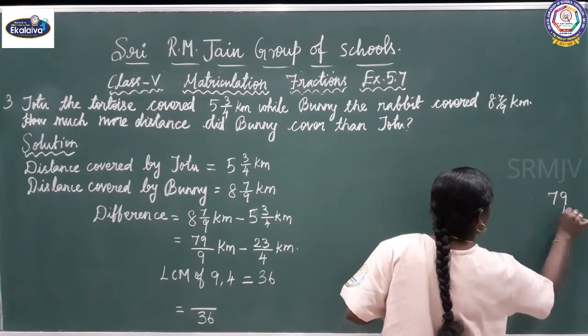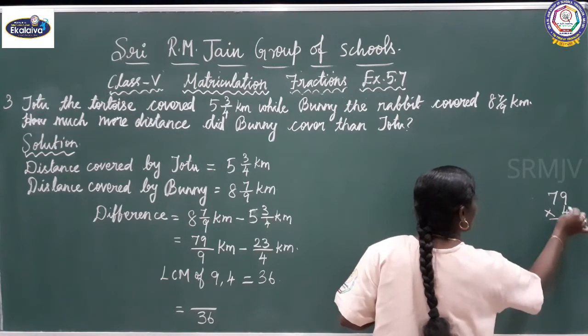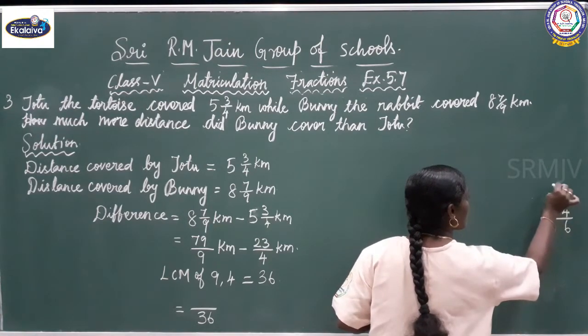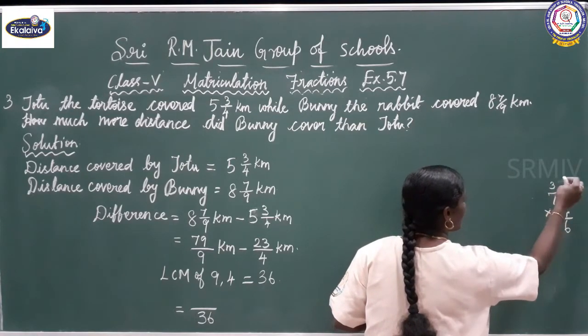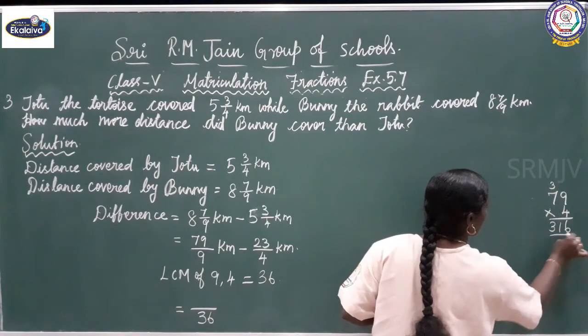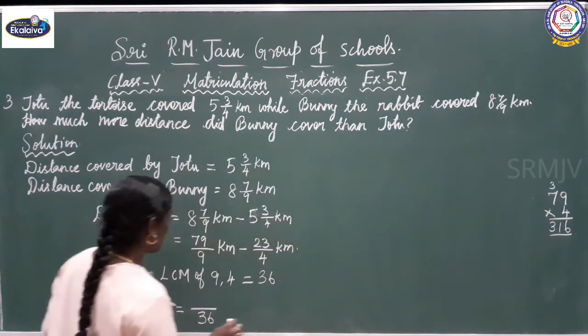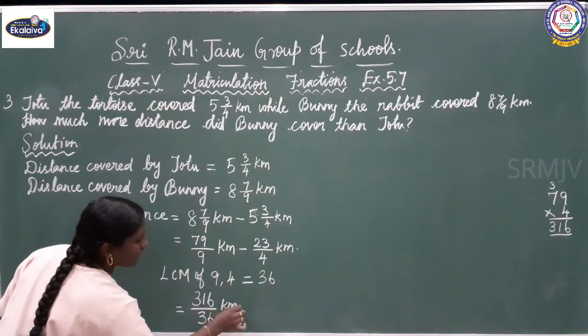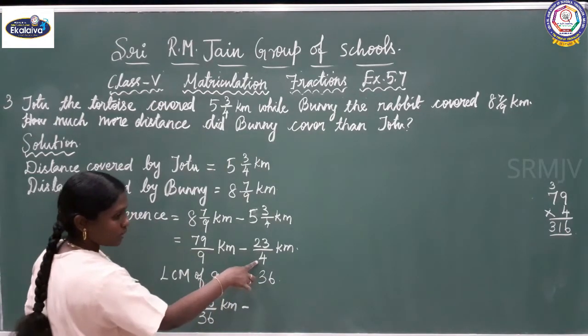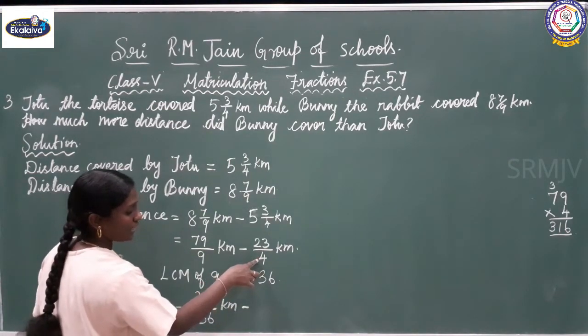79 into 4. 9 4s are 36. 6 here, 3 carry over. 4 7s are 28. 28 plus 3, 31. 316. So this is 316 by 36 kilometer. Minus here, in the 4 table when will you get 36? 4 9s are 36.